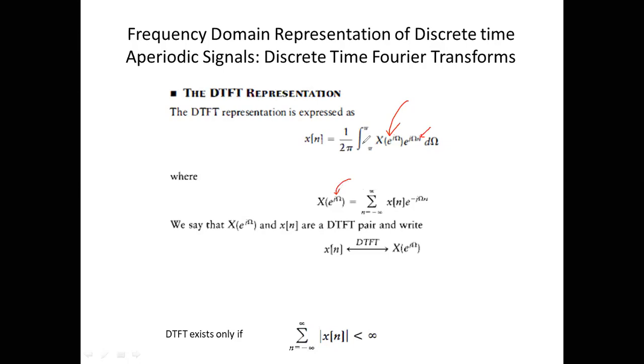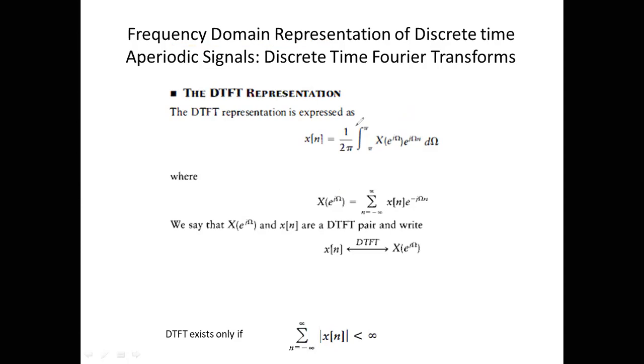That is why it is called frequency domain representation: we represent x of n in terms of the fundamental frequency and its multiples. Earlier we saw something similar, the Fourier series. The Fourier series existed for periodic signals and the Fourier transform exists for aperiodic signals. Let that one difference be very clear.